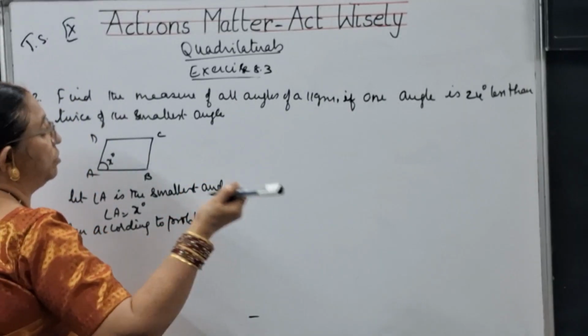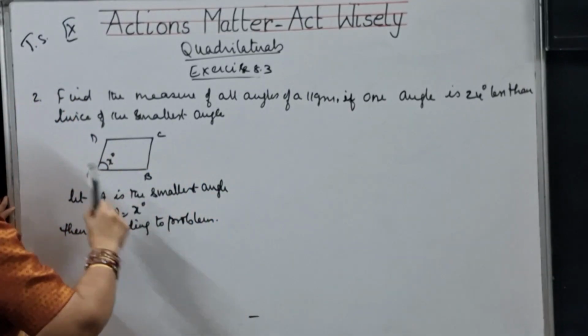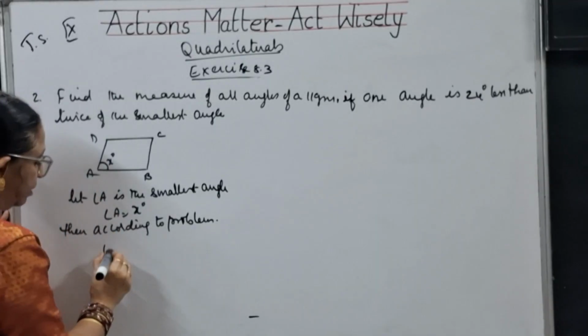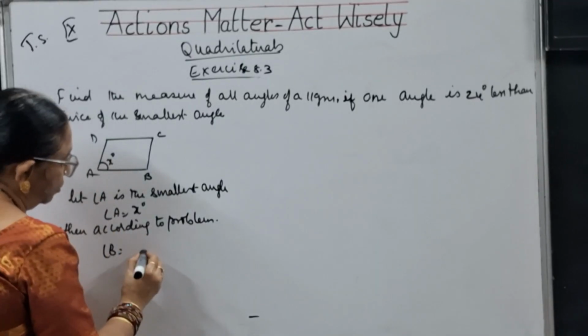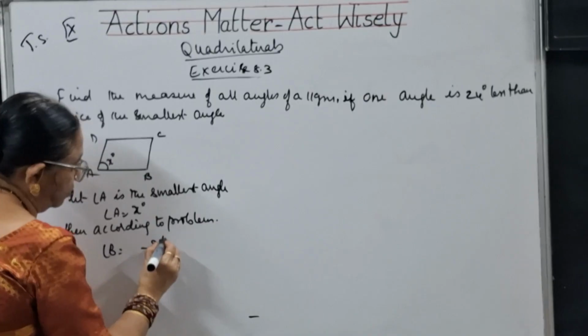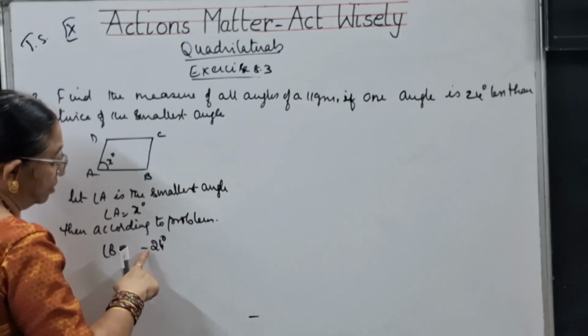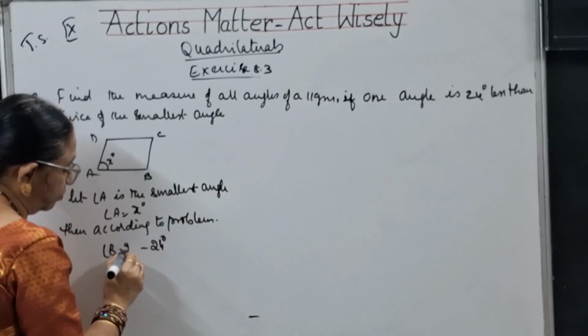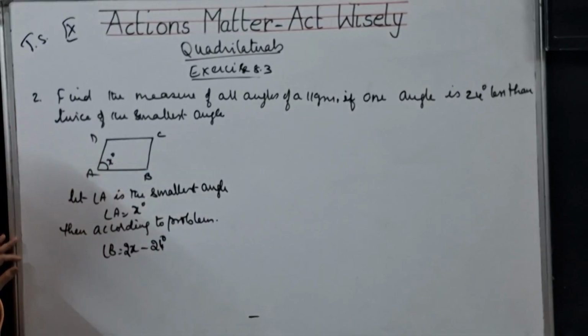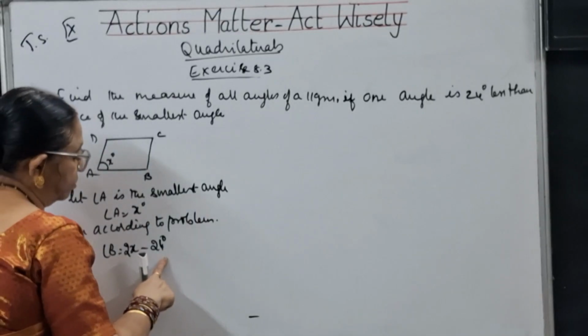One angle is 24 degrees less than twice the smallest angle. That means angle B is equal to 24 degrees less, minus 24 degrees. What is that? This is less than twice the smallest angle, 2 times of smallest angle. So it is 2x minus 24.